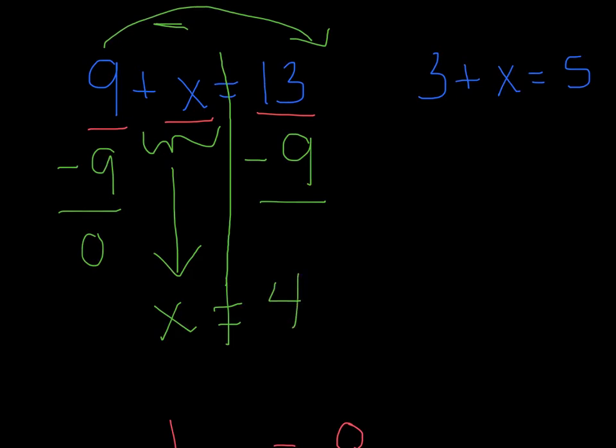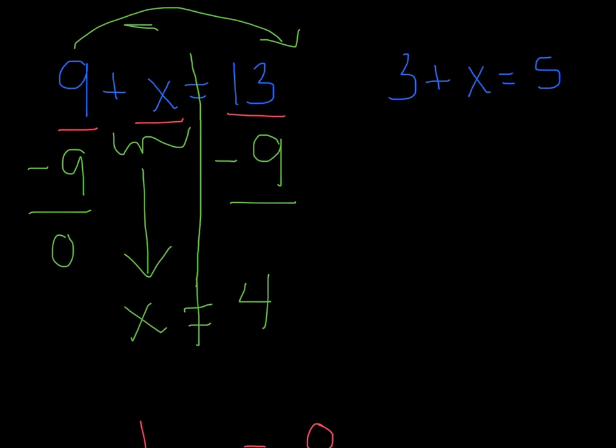Let's try another one. Again, this means that 3 plus what number is going to give me 5? Well, we all know it's 2, but let's go ahead and do the math behind it. Draw the line down the middle. What kind of 3 is this? Is it a positive or negative? It's a positive 3, okay?